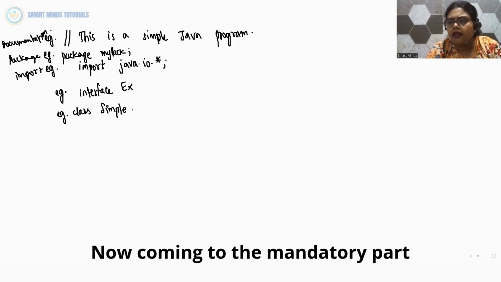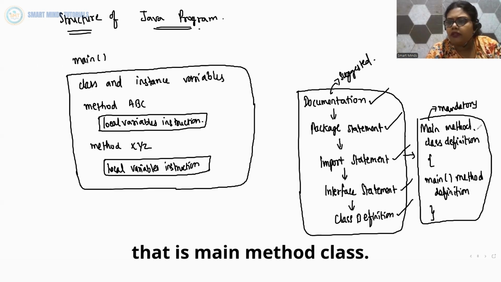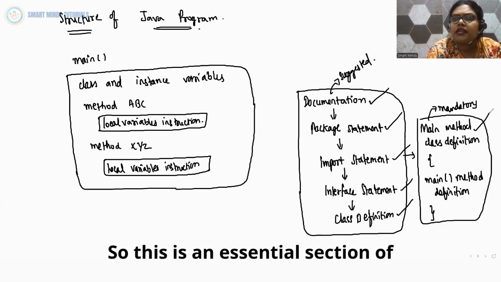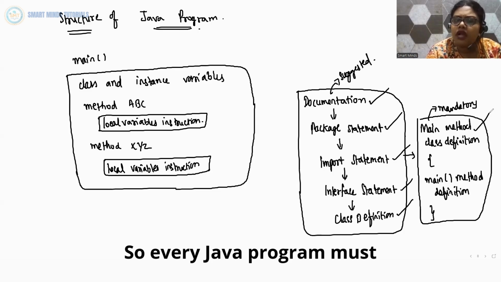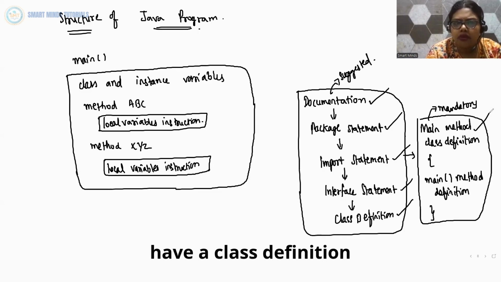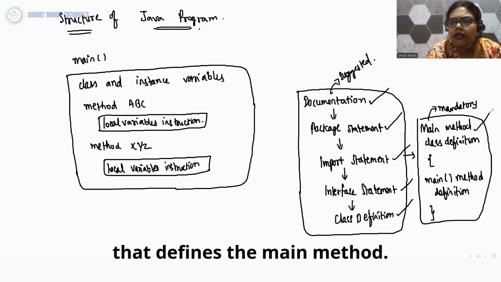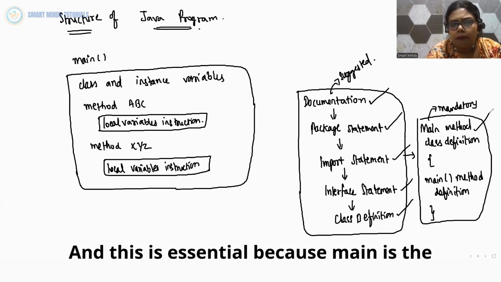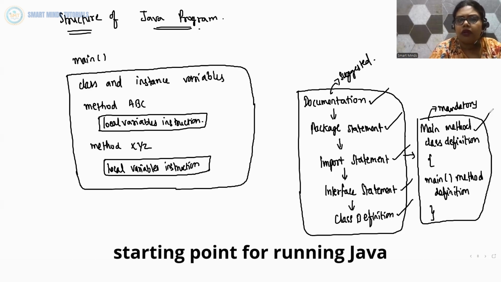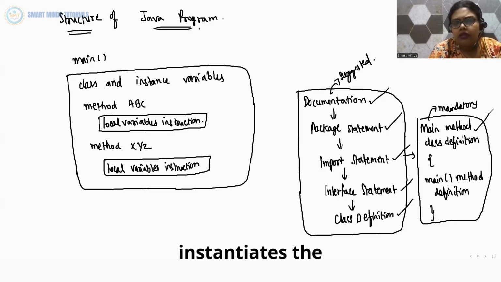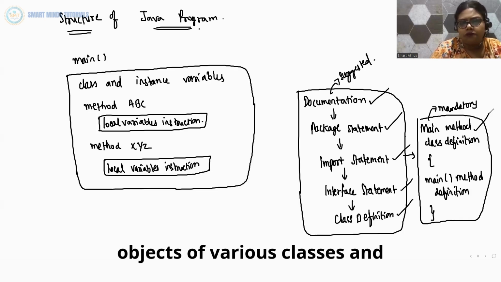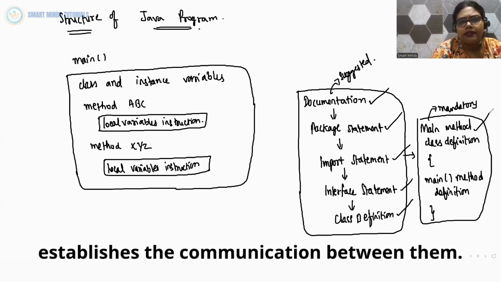Now coming to the mandatory part, that is the main method class. So this is an essential section of a Java program. Every Java program must have a class definition that defines the main method. And this is essential because main is the starting point for running Java standalone programs. And the main method instantiates the objects of various classes and establishes the communication between them.